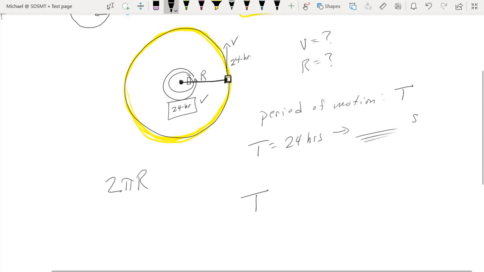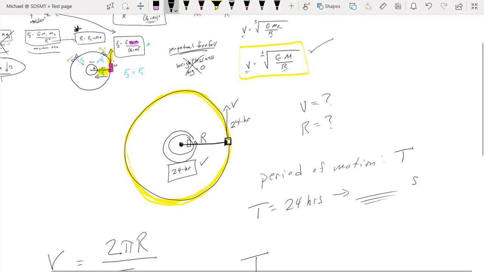Or a better term might be you have to travel a distance of 2 pi r. And that's just the circumference of the circle. If we divide that by the time that it takes to complete that one path, hence the period of motion, well, distance over time, that's speed, that's velocity, and that's a term that we have up here.